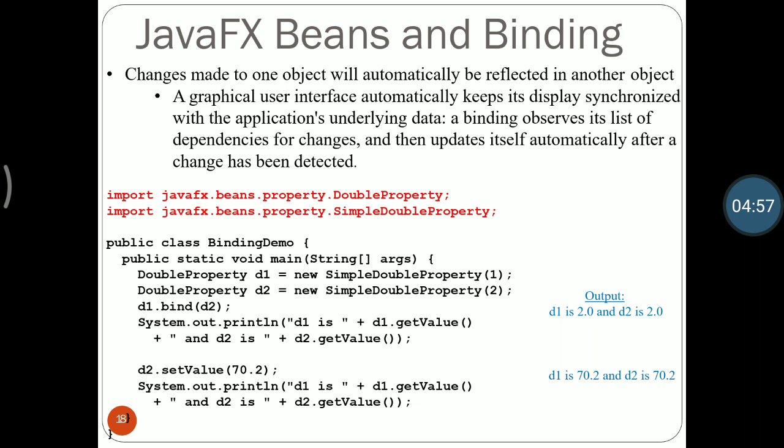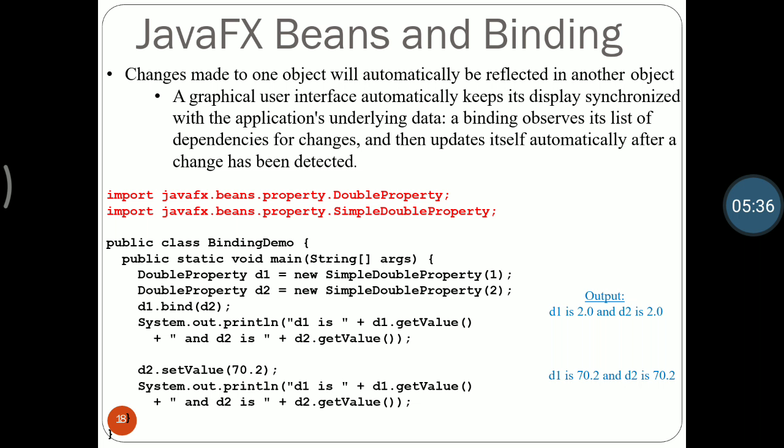As the example, we have created DoubleProperty d1 and DoubleProperty d2. We have bound d1 with d2, meaning d1.bind(d2). We have set DoubleProperty d2 equal to new SimpleDoubleProperty(2), meaning d2's value is 2, so d1's value will also become 2, so that gives the output d1 is 2.0 and d2 is 2.0.